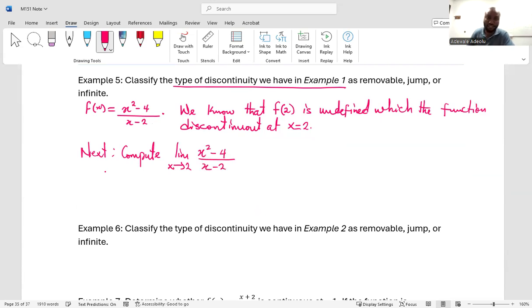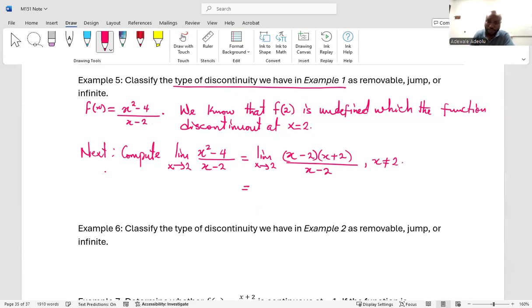We have actually found this one in our previous work. So this is the limit as x goes to 2. You remember how we solved this? We use the difference of two squares, or we factor this: x plus 2 times x minus 2 divided by x minus 2, where x is not equal to 2.